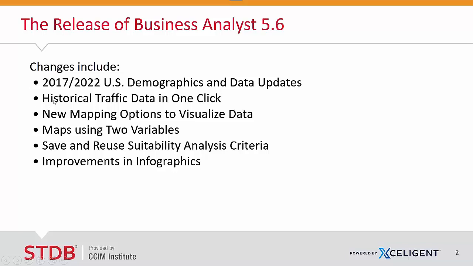The second thing we're going to talk about is historical traffic data and how you can now put that on the map. We were able to do that at one point a long time ago. Now we can do it again, and it's enhanced, and we'll talk about how you can use that in different ways. You can visualize it on the map. We have some new mapping options, and the one that we'll probably spend the most time on today is maps using two variables.